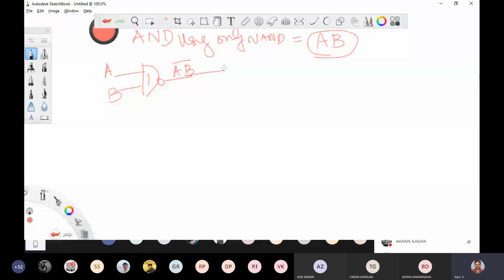Now passing this AB whole bar into one NAND based inverter again, this will give you AB double bar, correct? The double bar is cancelled, so you will get the function as AB. So this is AND implementation using only NAND.